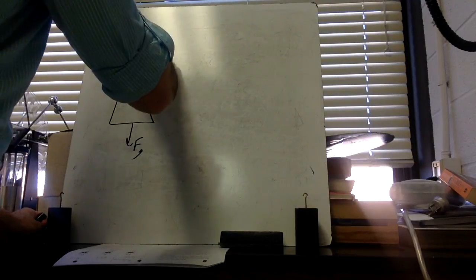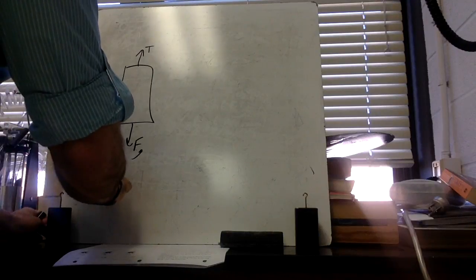So we talk about tension. Here, with our example of the monkey in the elevator, tension in an elevator, right? For part A, if there's no acceleration, that means that the tension is equal to the force of gravity. This, by the way, is a free body diagram.